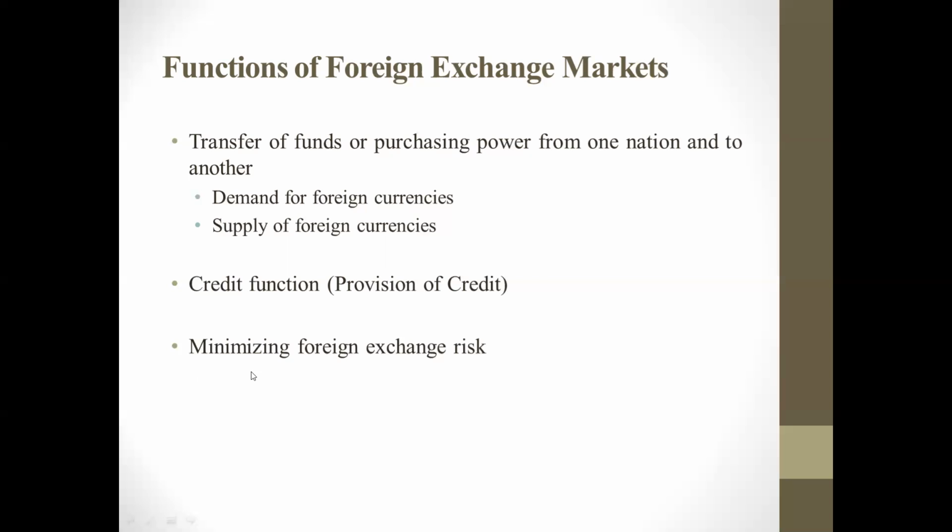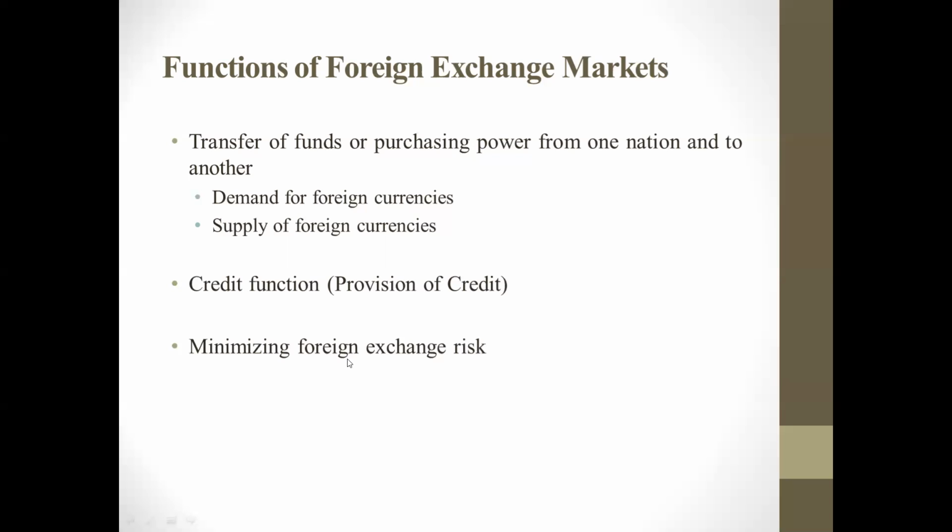Then the third most important function of the foreign exchange market, which we cannot see in the domestic market, is minimizing foreign exchange risk. Now you know the meaning of foreign exchange risk, briefly: it means the fluctuation of the foreign exchange rate.